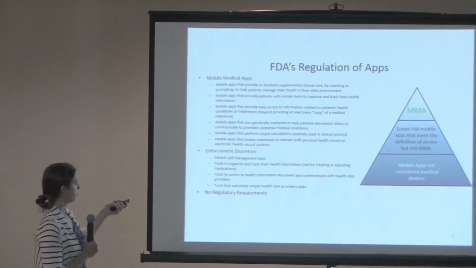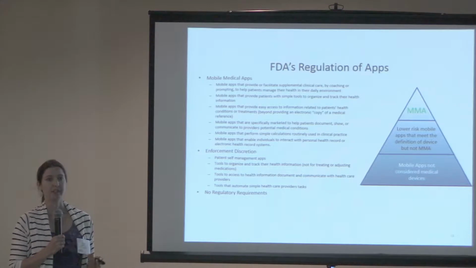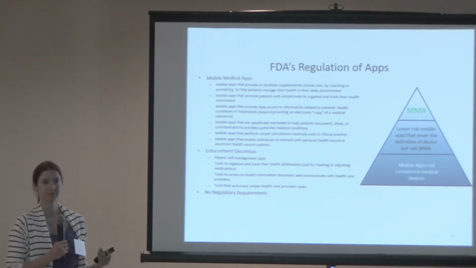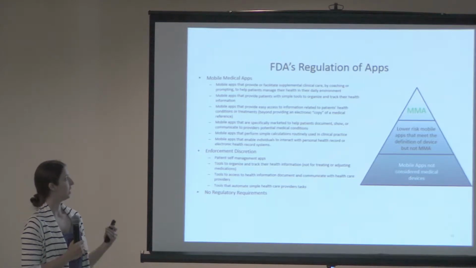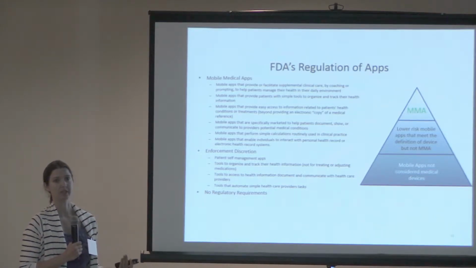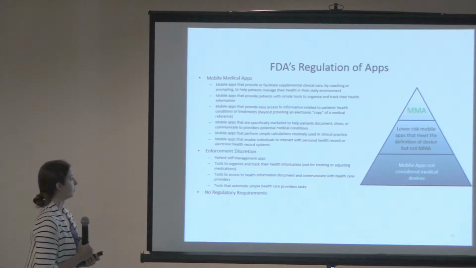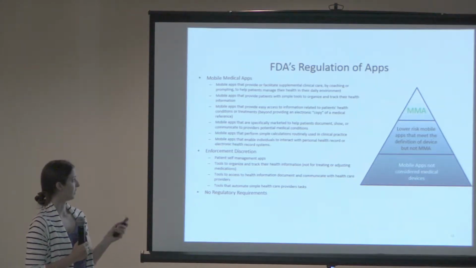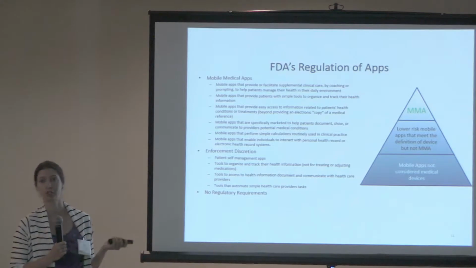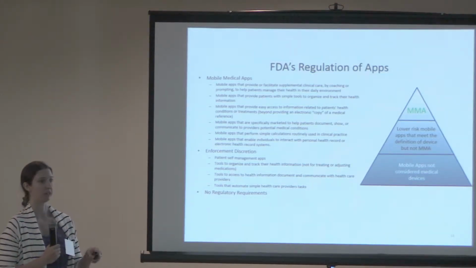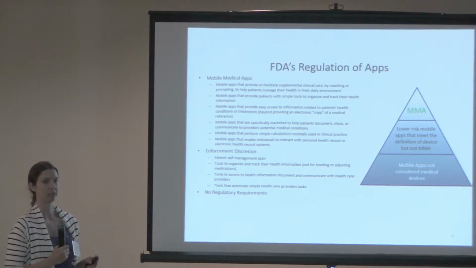The next group, enforcement discretion. The FDA may decide to regulate you. It may not. And that is all going to depend on the level of risk that your device poses to subjects and the consumer. So it's all relative here, and they may change their mind if they see some data coming out and say, no, we are actually going to enforce regulations on you.